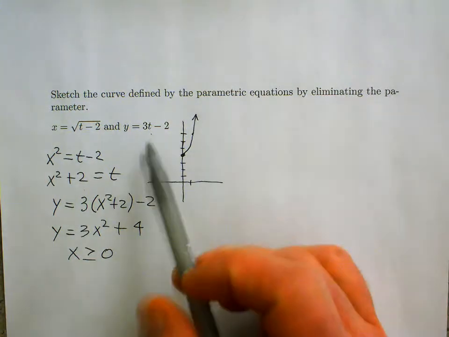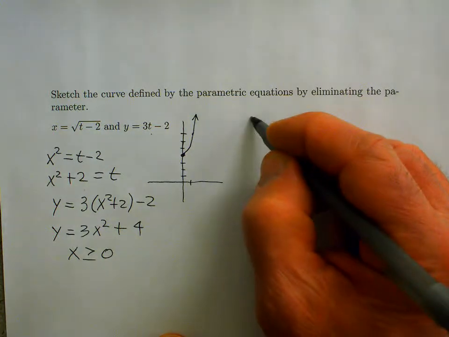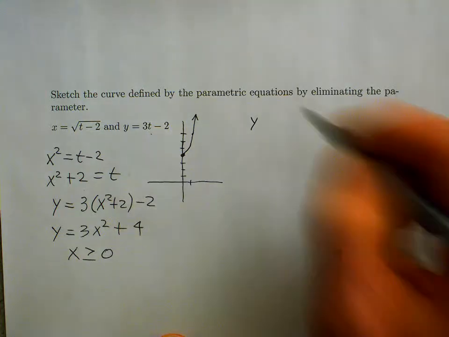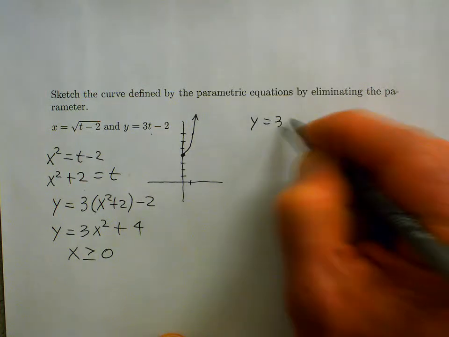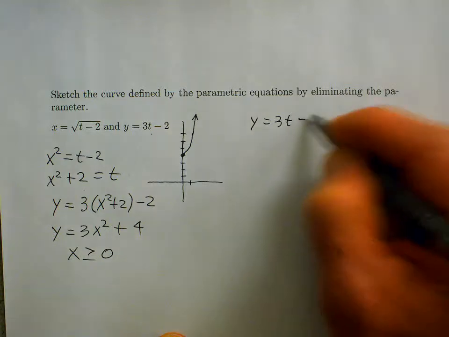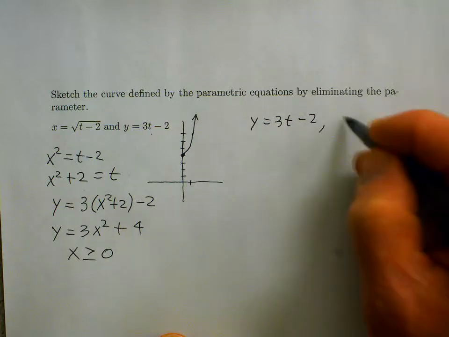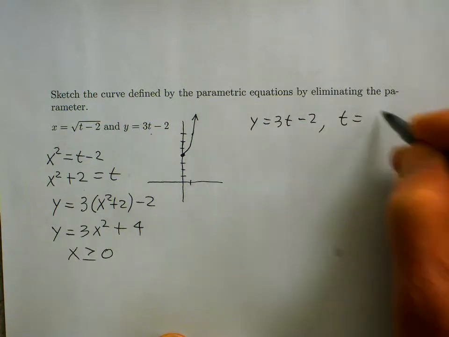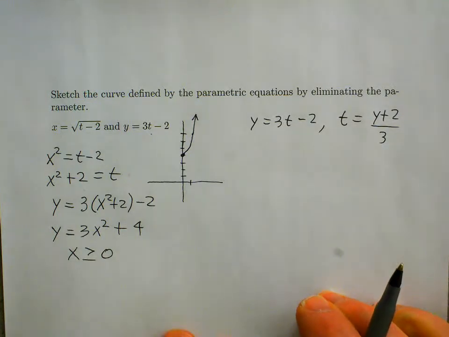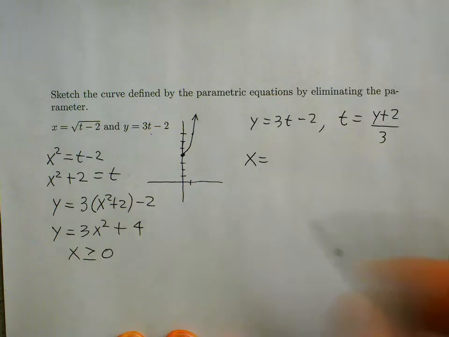But the other way that we did it yesterday is also fine. Solve y equals 3t minus 2 for t, and then substitute t into the other equation. When we add 2 and divide by 3, we get t equals (y plus 2) divided by 3. Then in the other equation, replace t with (y plus 2) over 3.